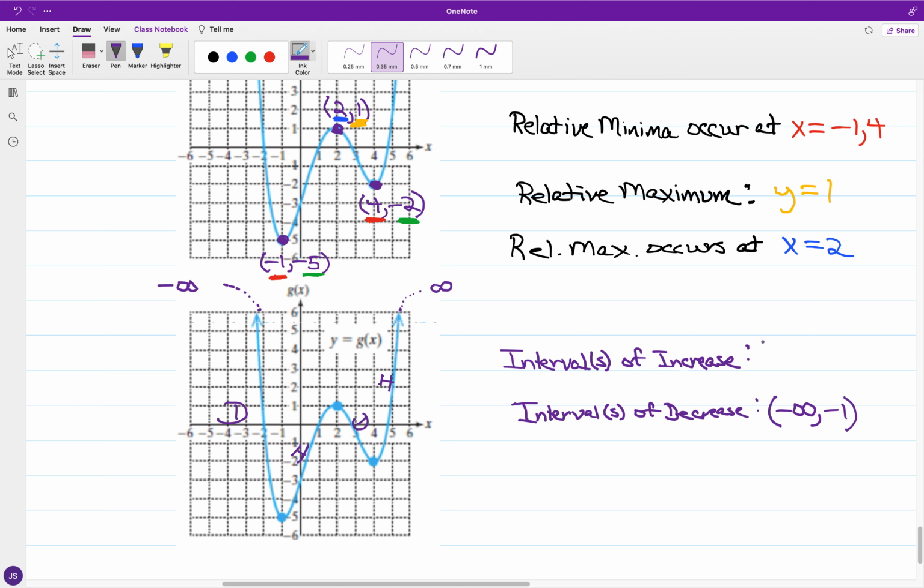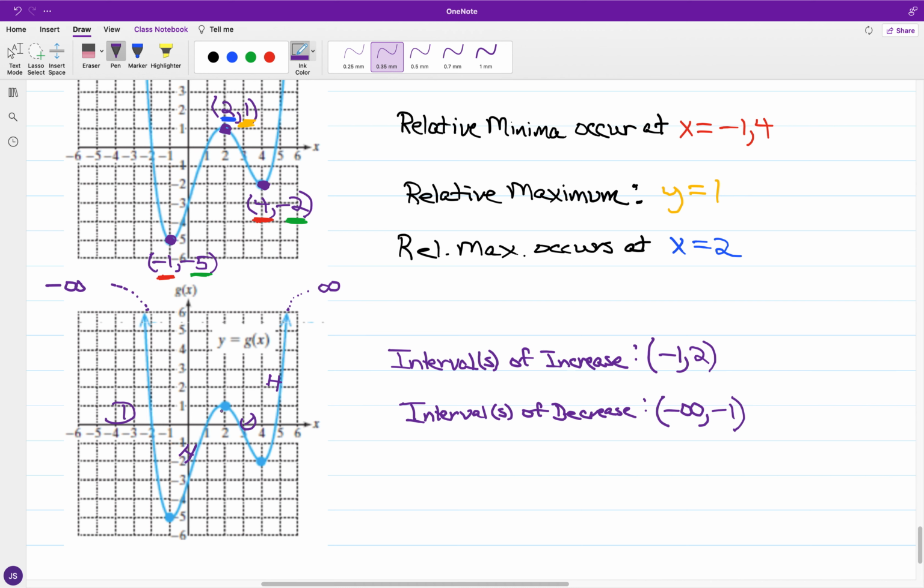Once you get past this relative minimum, you have an increase, between x at -1 and approaching but not including x equal to 2. After that increase, we have the next decrease, between but not including 2 for x and x equal to 4.